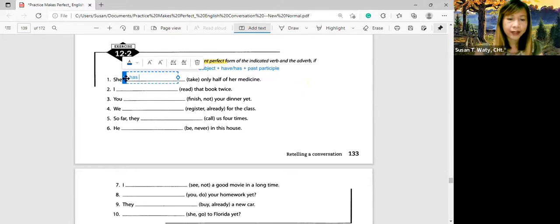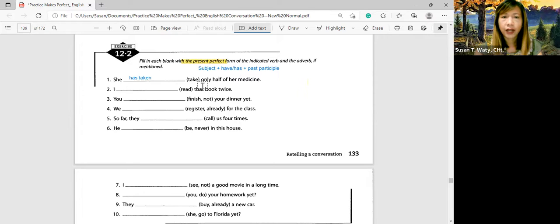She has taken. So we have the subject she, and then the formula is has because it's a she, and then the past participle of take is taken. So take, took, taken. Took is the past tense, and the past participle is taken. Very good. Thank you, Angelina.